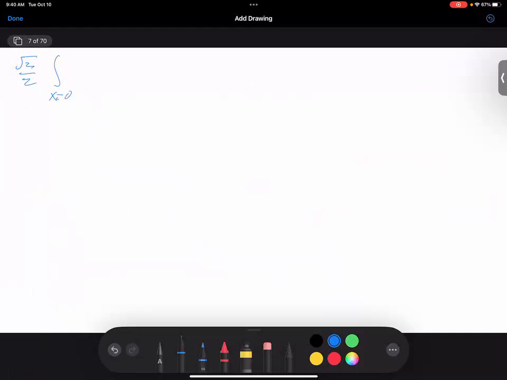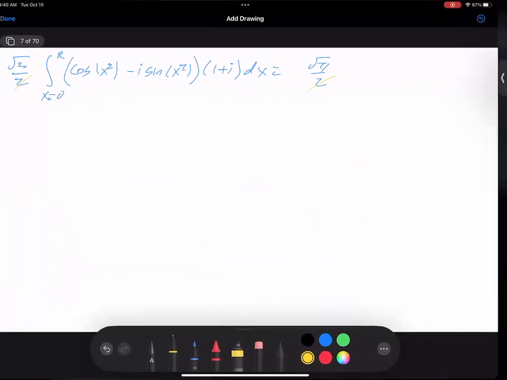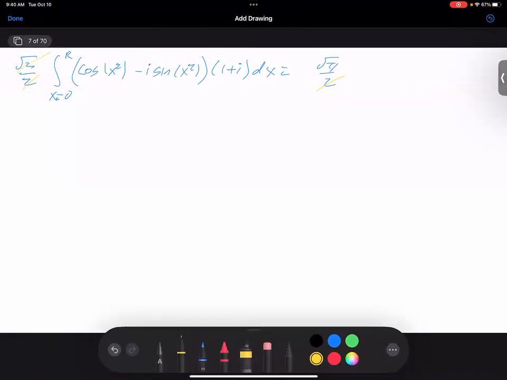Now x goes from 0 to r of cosine x squared minus i sine x squared times 1 plus i dx equals root pi over 2. I can cancel the 2's. Now, I can divide by the root 2 if I want, and so I'll put the 1 over root 2 over here.